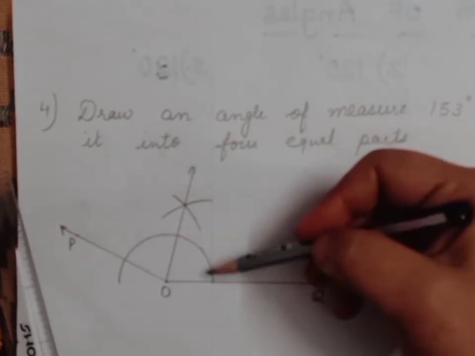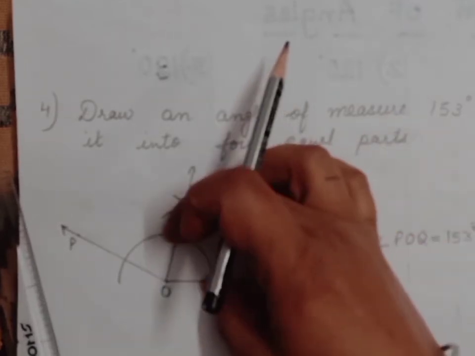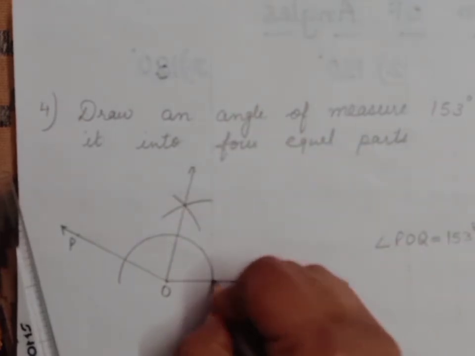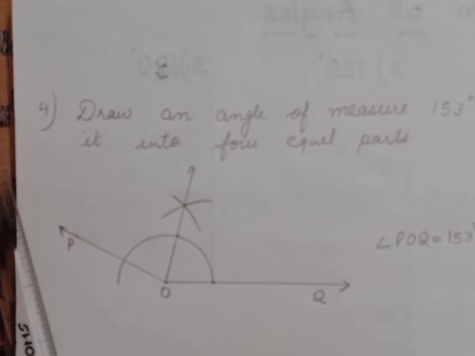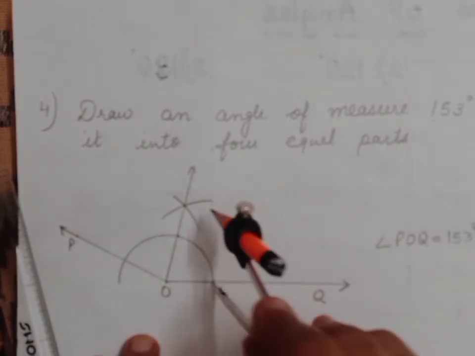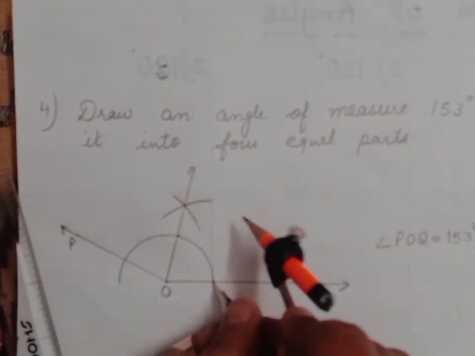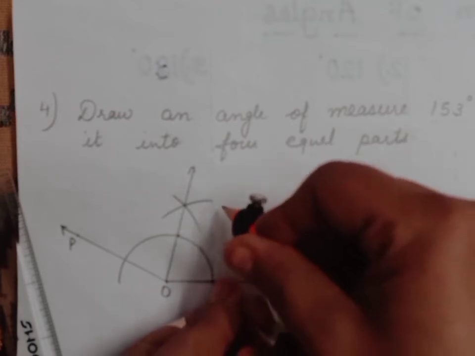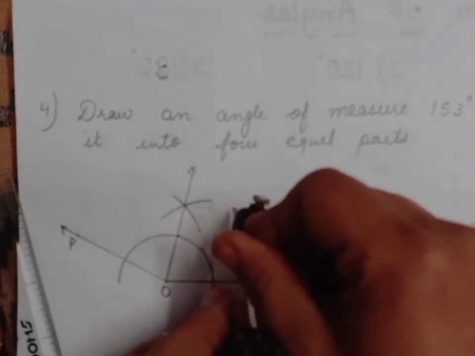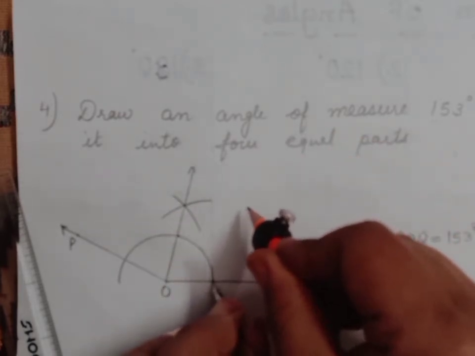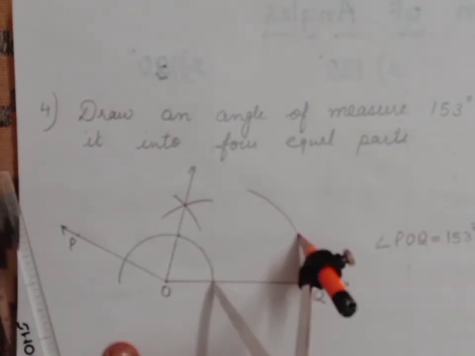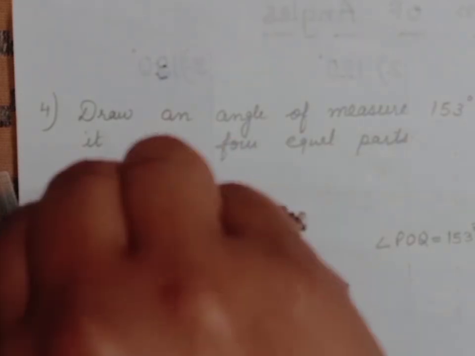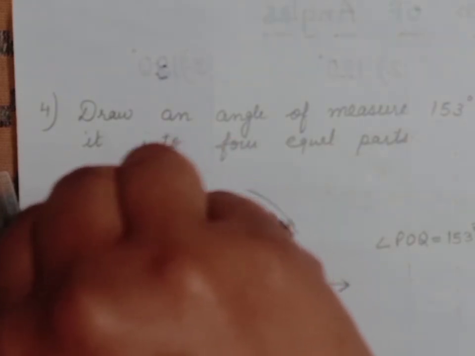Now we have to divide this one half into 2 parts. From this point and from this point we will draw 2 arcs. You can see here, I will little bit increase the radius so that my arcs will not get messed up with each other. So I will little bit increase the length of this compass. One arc is here like this, another arc is from this point, cutting the previous arc.